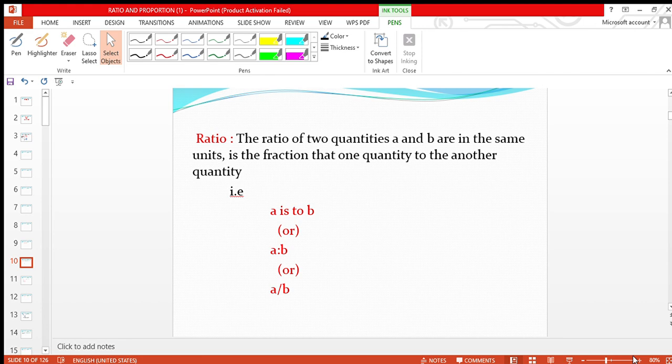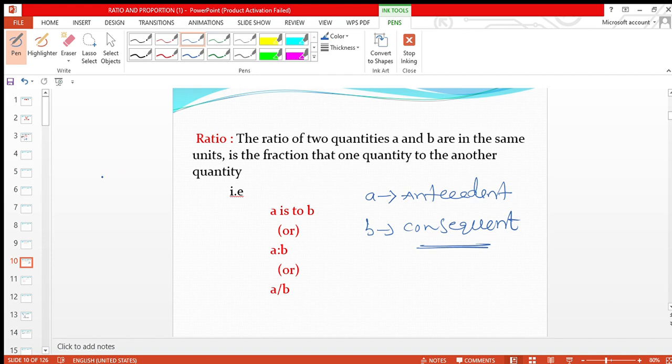That is A is to B, or A ratio B, or A by B. Here A is called as antecedent and B is called as consequent.